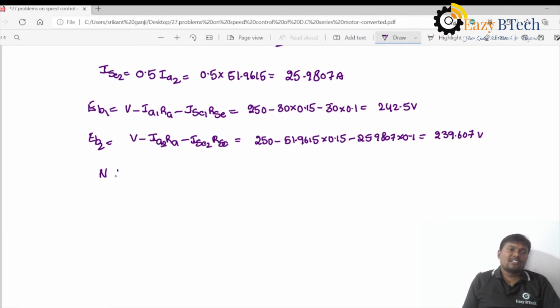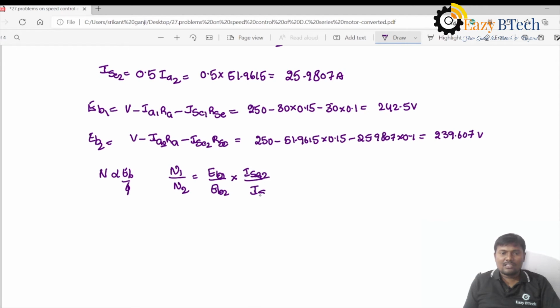We know that N is directly proportional to EB divided by flux. N1 by N2 is equal to EB1 by EB2 into flux, and flux is directly proportional to ISC, so ISC2 by ISC1. So the speed N1 is 800, N2 is the unknown quantity.